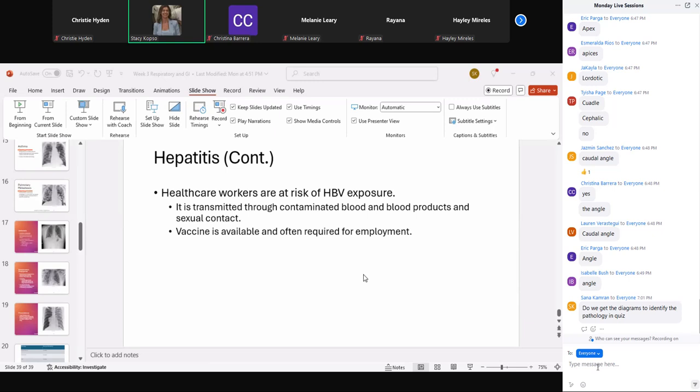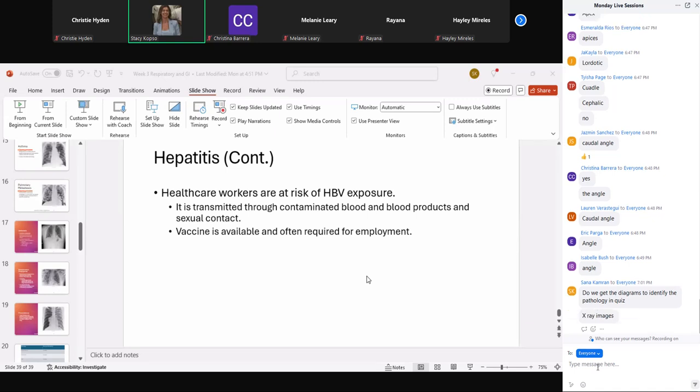So now I see, do we get the diagrams to identify the pathology in the quiz? What do you mean diagrams? Which diagrams are you talking about? Yeah, you won't have X-ray images on a quiz.